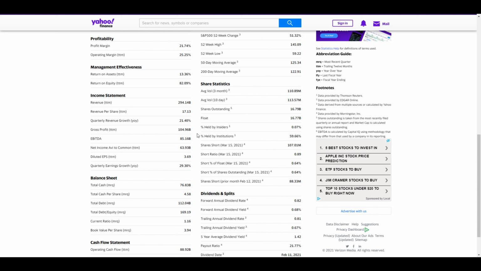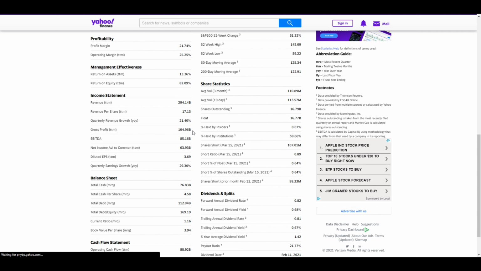So it doesn't take into consideration anything else, anything like overhead or payroll or marketing expenses or taxes or depreciation or any of that. It's just the gross sales minus the costs of goods sold, or the costs that you need to incur to create or produce the product that you sell.